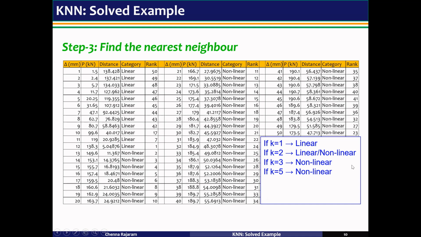Hence, the point x comma y comes under the non-linear category. That means the point x comma y is classified as non-linear category using the KNN algorithm.